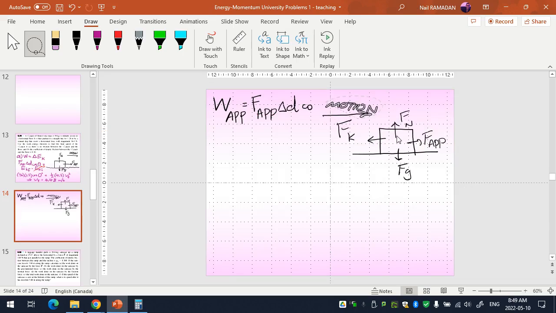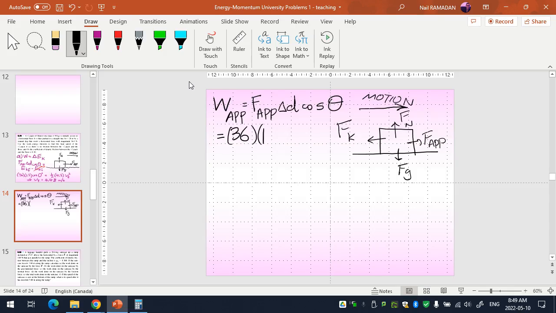And then move this one here. There we go. Cosine of theta. What's the force applied? Still 36. Delta D is 1.2. Cosine of 0. How much was that? Come on. 43.2 joules. Yes.